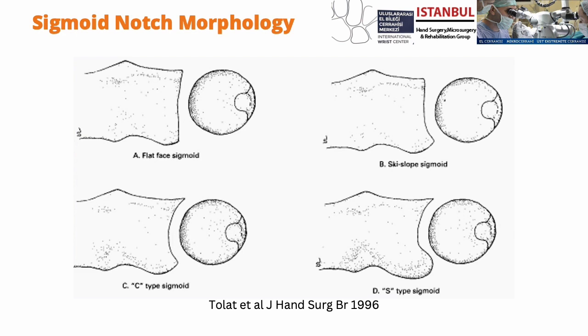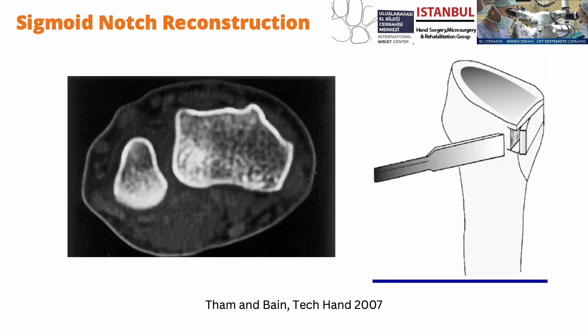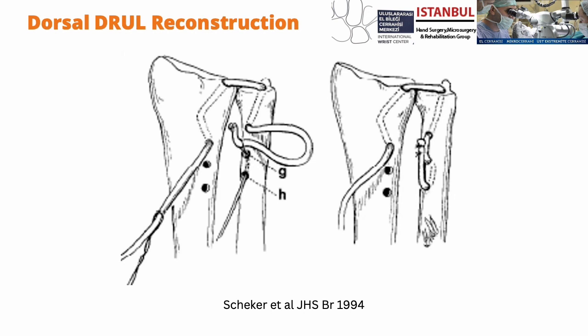Abnormal sigmoid notch morphology may cause chronic DRUJ instability. Sigmoid notch reconstruction is needed in this kind of case. Without global instability, dorsal radioulnar ligament reconstruction can be done using the surgical technique described by Shaker et al.